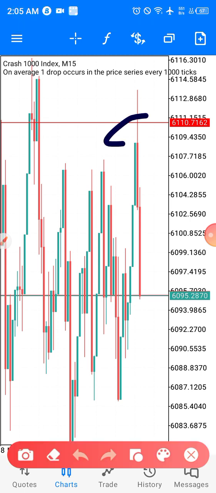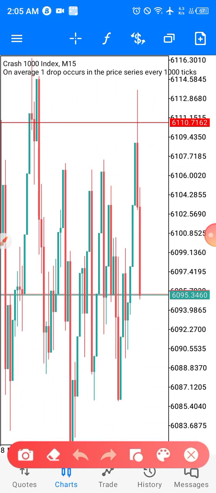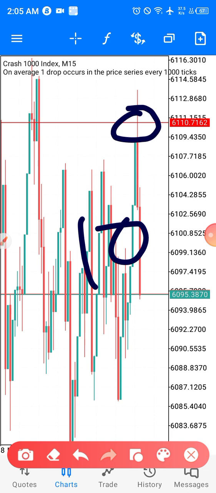So this is what I mean. First, this is my entry point. When I'm entering this market, first I want to consider my equity is just $10, right? My equity is $10. Now I want to enter this trade right here, but I also know that since I'm trading against the spikes, meaning I'm following the tick, instead of selling for crash, I want to buy.